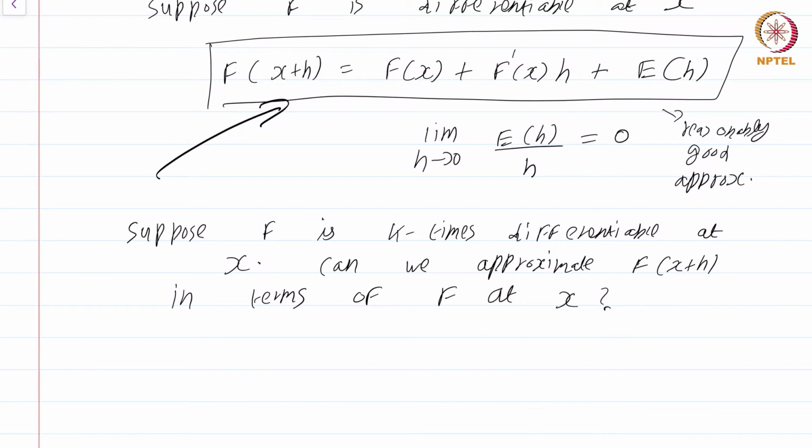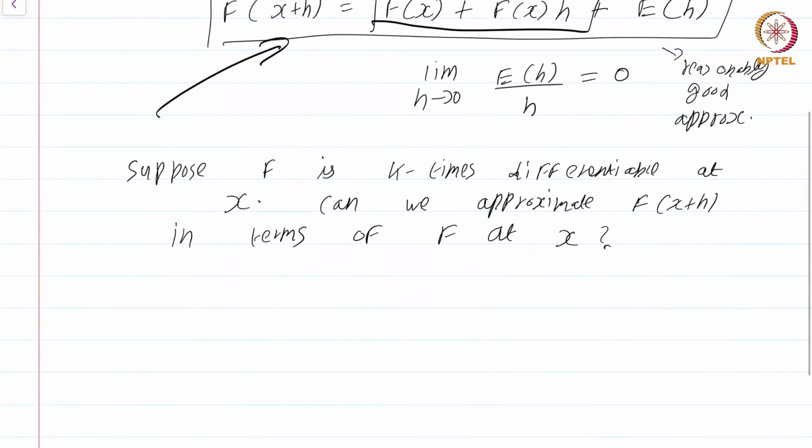Now what will be our guess? We have approximated f of x plus h using something that is linear. So the natural thing to do would be to try to approximate f of x plus h using a polynomial. Let's try to do that. Can we approximate f of x plus h using a polynomial?